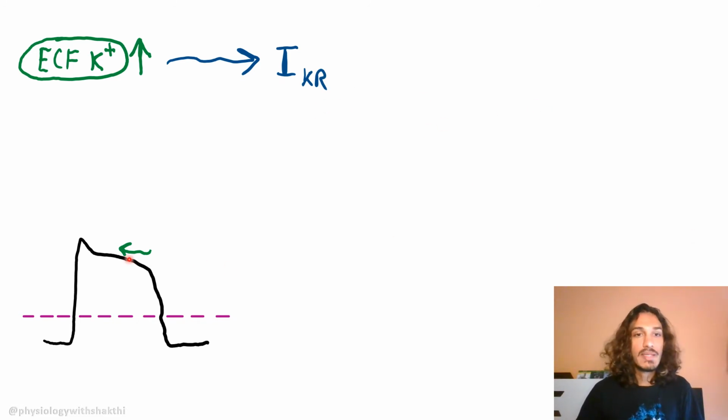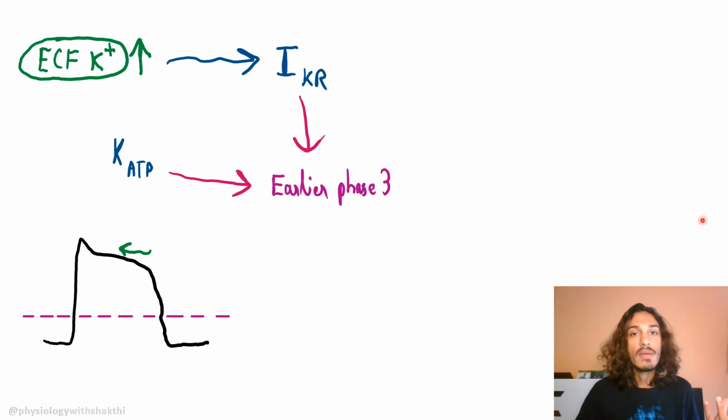which results in a rapid repolarization. Along with that, we had already mentioned KATP. ATP is less, so KATP is open. Because KATP is open, there is more reason for potassium to go out. Because of these two reasons, IKr and KATP, what is eventually going to happen? Earlier phase 3.